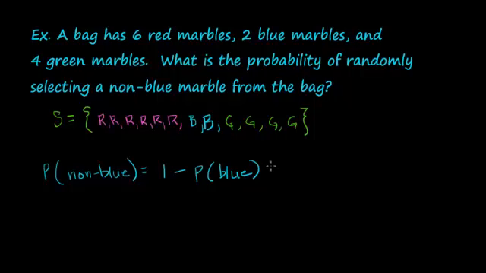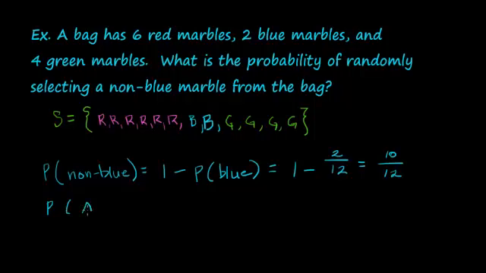So now we could do the same calculation that we did before by saying 1 minus, now what's the probability of blue? Well, how many ways are there to draw a blue marble out of the bag? There are 2 ways. There are 2 blue marbles. And how many events are in our sample space? 6 plus 2 was 8, and 4, there were 12. So last time, what we found was 10/12, just like we found this way, by using the complement.